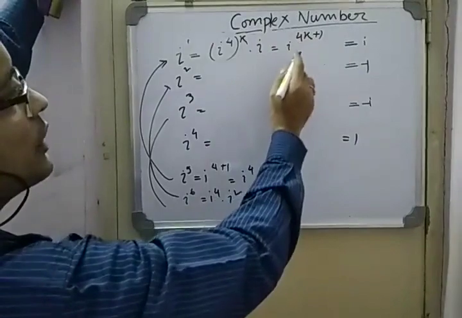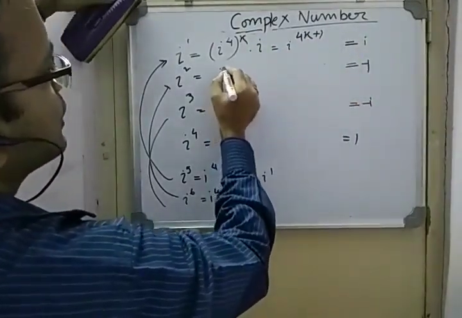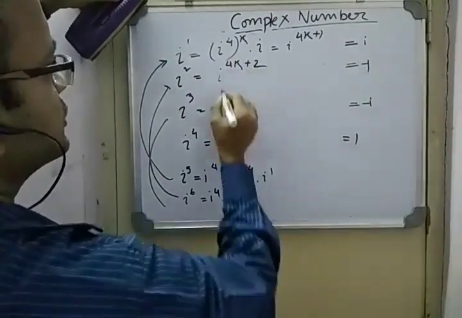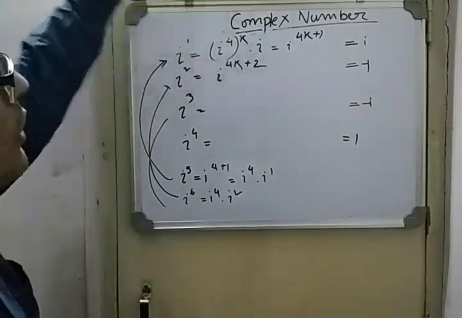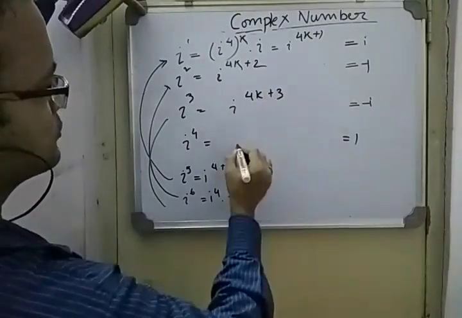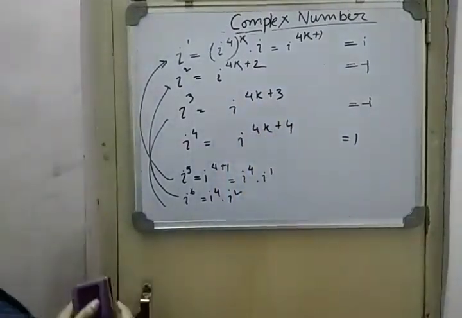This power is 1, so i to the power 4k plus 1 is always i. Similarly, i to the power 4k plus 2 is minus 1, because i to the power 4k is always 1, that is i to the power 4 to the power k. Similarly, i to the power 4k plus 3 is minus i, and 4k plus 4 is 1. Okay.